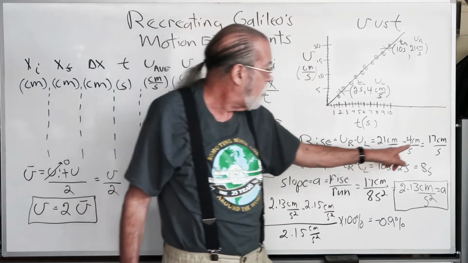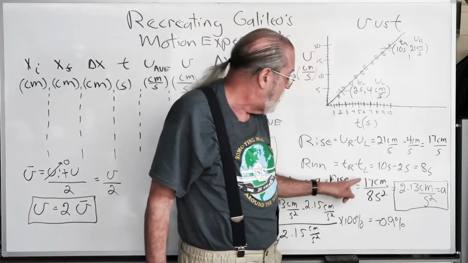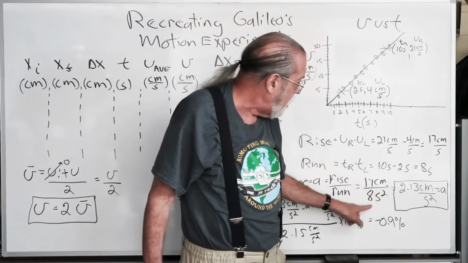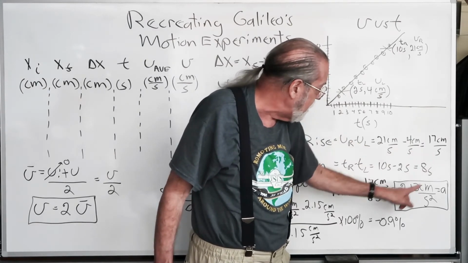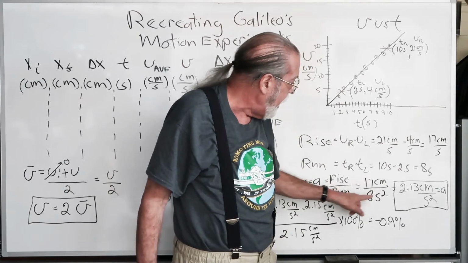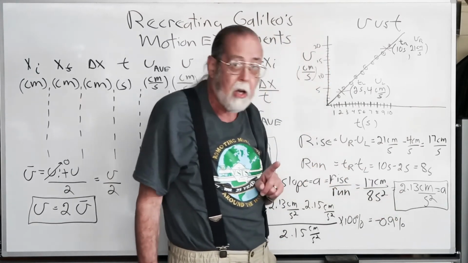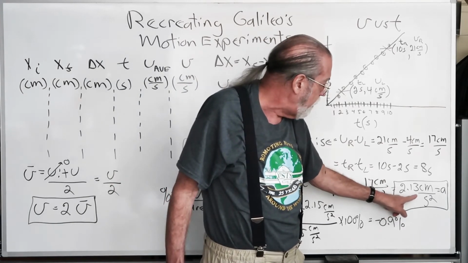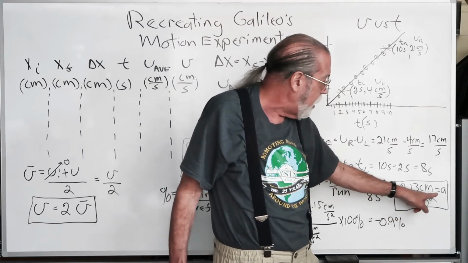So in my case, the acceleration is 17 centimeters per second divided by 8 seconds. And so the seconds and seconds in the denominator produce seconds squared. And to 3 significant figures, I find that my acceleration is 2.13 centimeters per second squared.